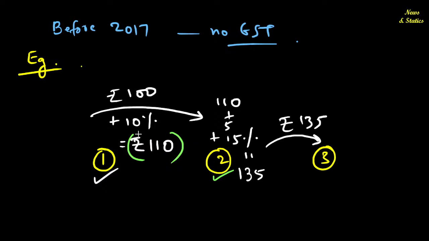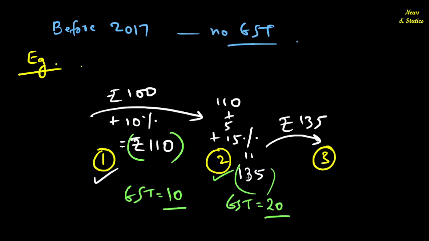So 110 plus 5 rupees is 115 rupees, plus 15%, say about 20 rupees, is 135. Here the GST was 10 rupees, here the GST is 20 rupees. So it is the duty of person 2 to pay 20 rupees to the government.